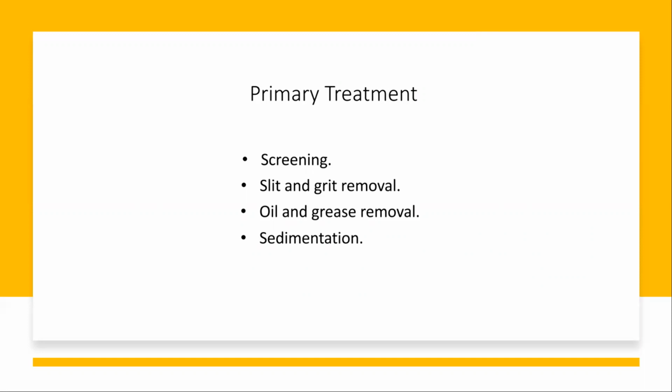The screening process is the first step, which is carried out by using bar screens or mesh screens to remove the floating impurities, suspended impurities, etc. This technique removes the large suspended and floating matter in the sewage.